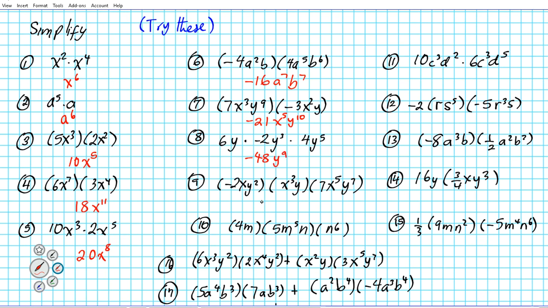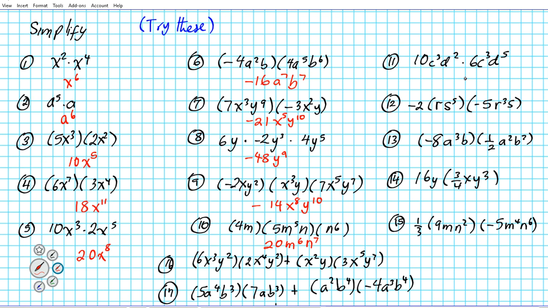For number 9, the answer is -14 x to the 8th power, y to the 10th power. For number 10, the answer is 20m to the 6th power, n to the 7th power.